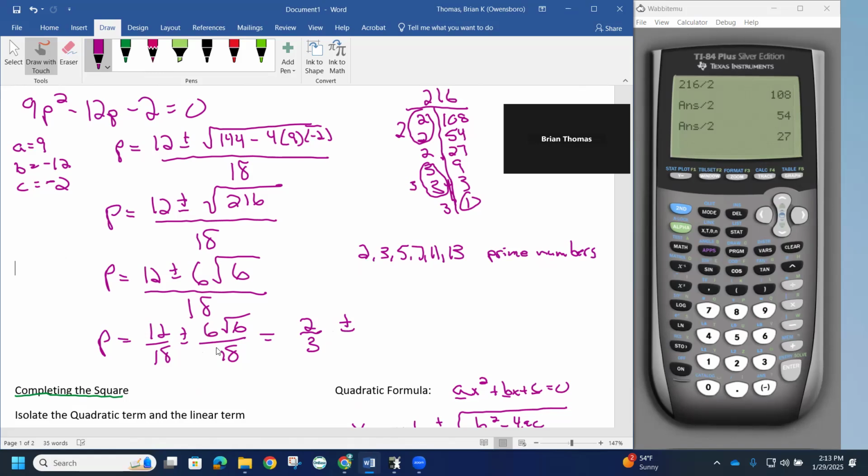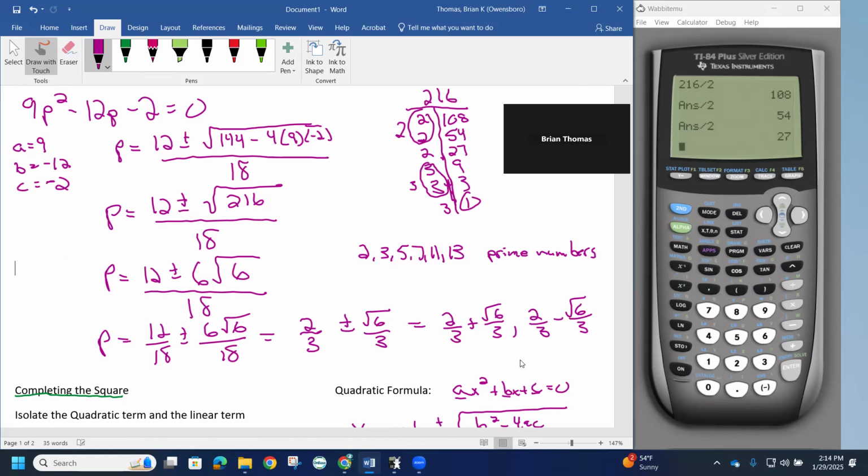Notice that these outside factors have a common factor in them. 6 goes into both of those, so 6 will cancel out, and 6 goes into 18 3 times. So we're going to end up with the square root of 6 over 3. Since we don't have a common denominator, we can't put those together, so we can just leave it as is. We can leave the answer as 2/3 plus the square root of 6 over 3, comma, 2/3 minus the square root of 6 over 3.